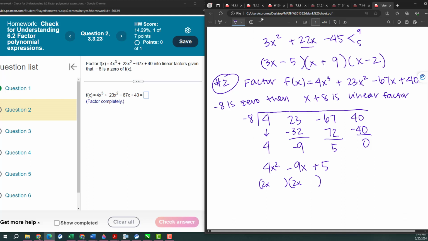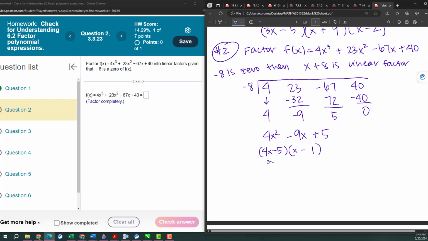We're going to have to do 4 to get 5 at the end. So if I do 4x and then x, so 4 times 1, and then we have 5 over here. And then we need them both to be negative because we need a negative 9x. So first we have 4x squared, outside negative 4x, inside minus 5x, and then last would be positive 5.